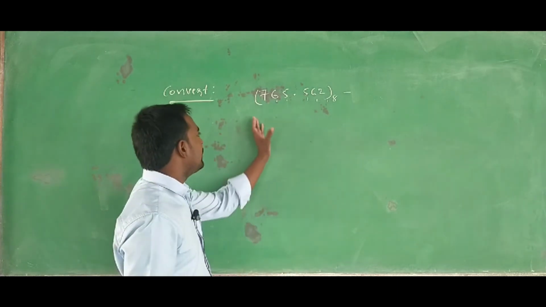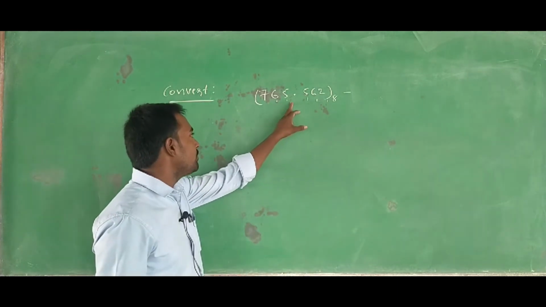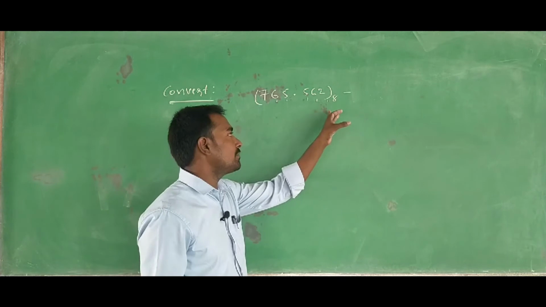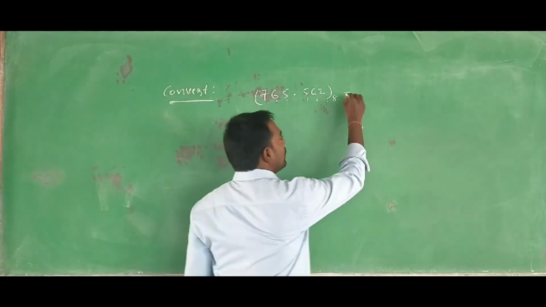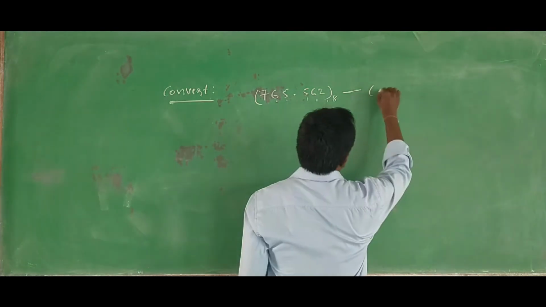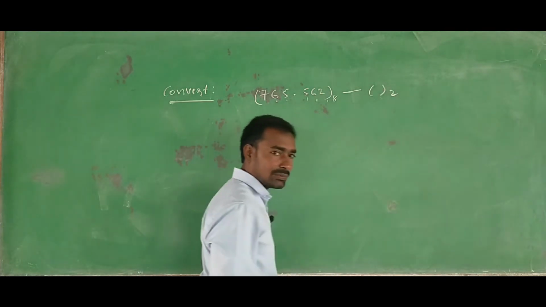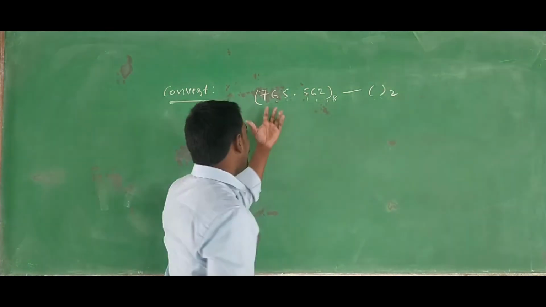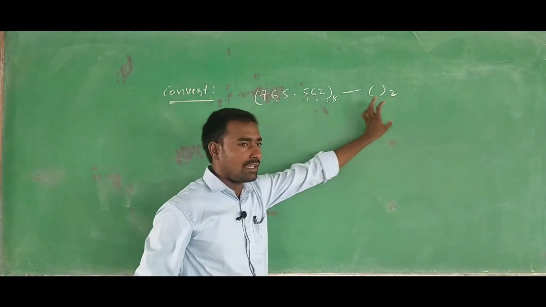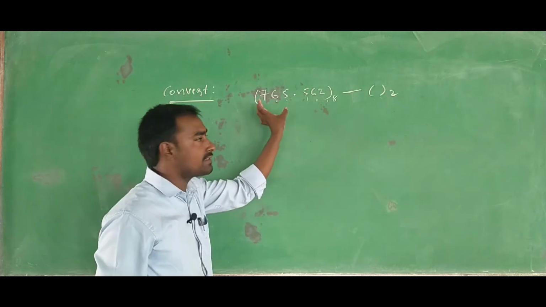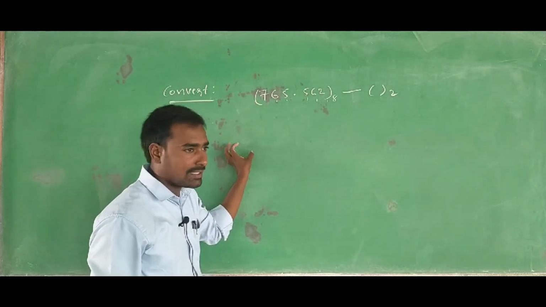Next, 765.562 having the base of 8, and this has to be converted into binary, which has the base of 2. When we are converting the octal number into binary, we have to take the equivalent binary digits.